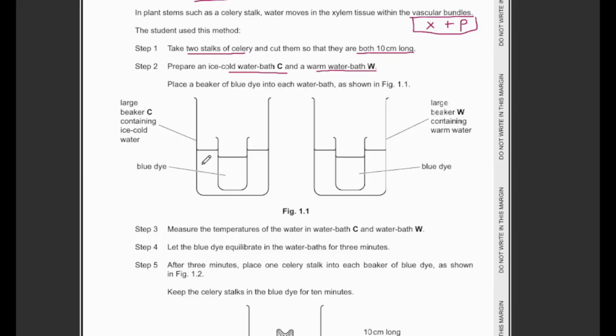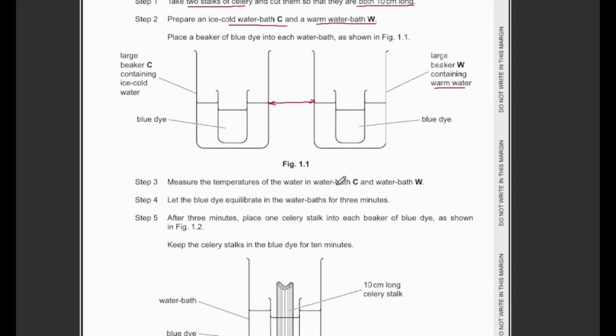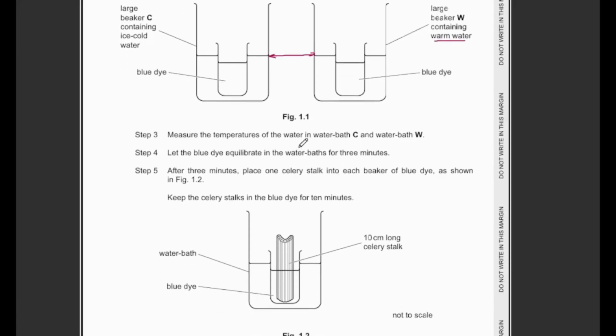So the blue dye is at the same level, in which they kept the large beaker containing cold water. The other one is with warm water inside the beaker. Fine. Measure the temperature of the water in the water bath, C and W.